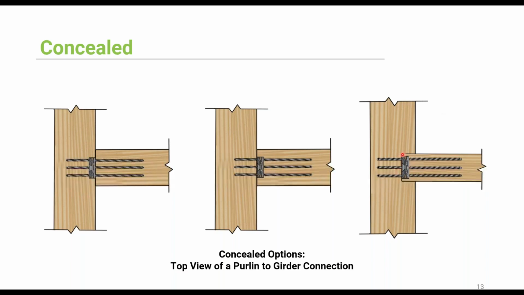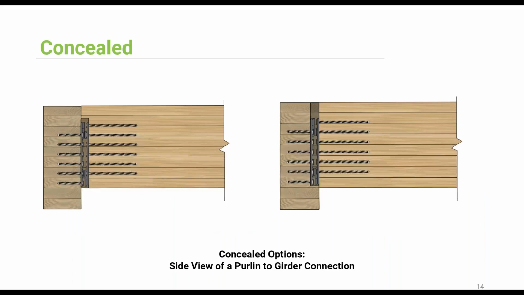And if you have narrower purlins, you can also do a concealed configuration. Here is the side view of the concealed options, and you can see that it's super easy for the drop-in assembly.